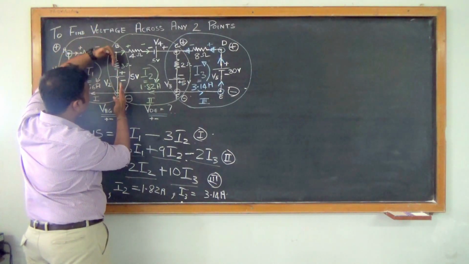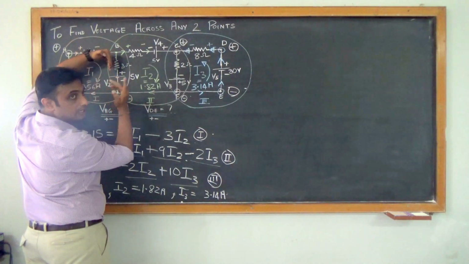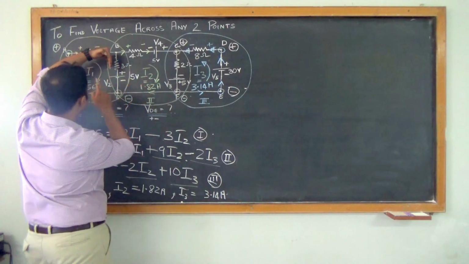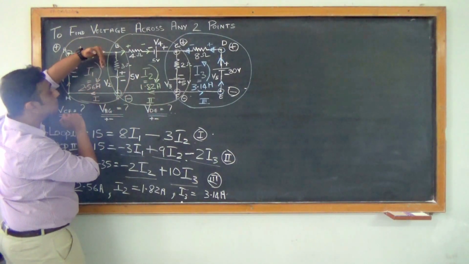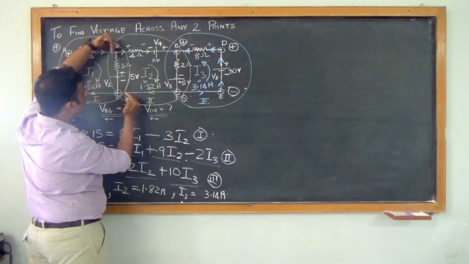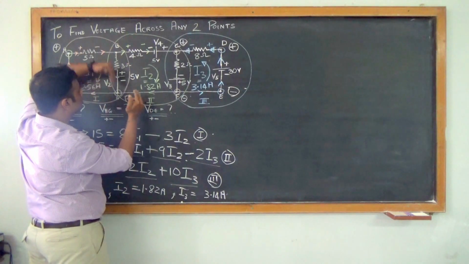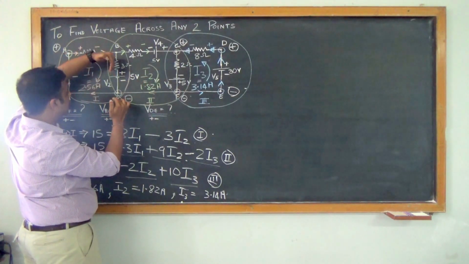But what will be the effective direction? This can be found out by which is greater. Definitely I1 is greater. So the effective direction will be taken from top to down. You just have to see which of the currents is greater, that will give you your direction.